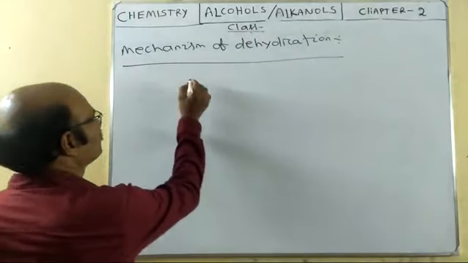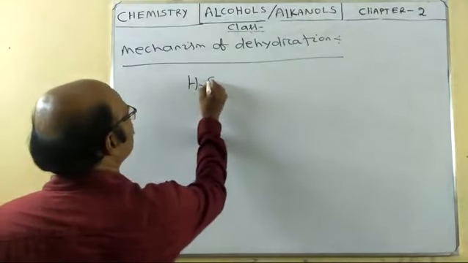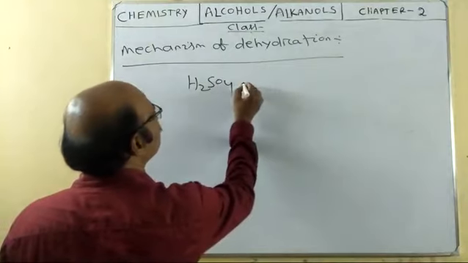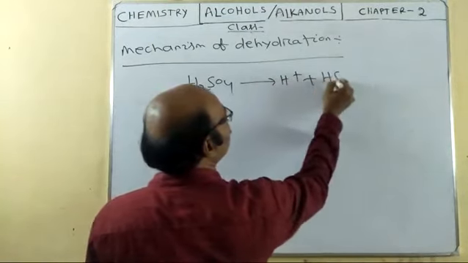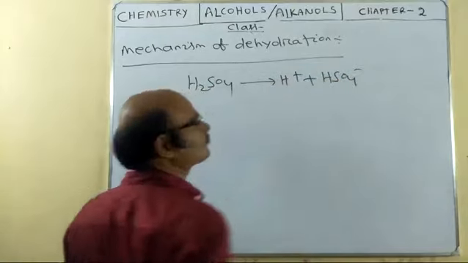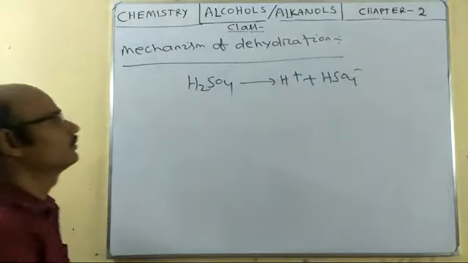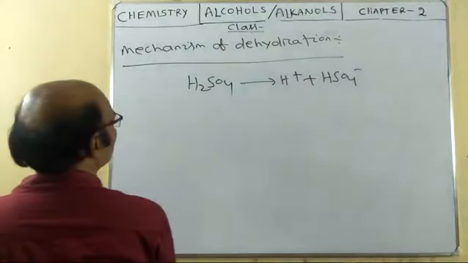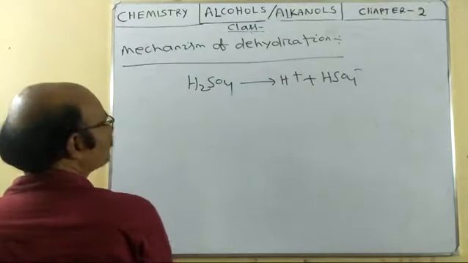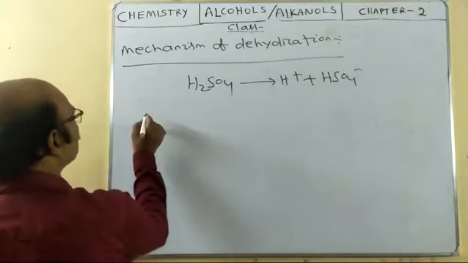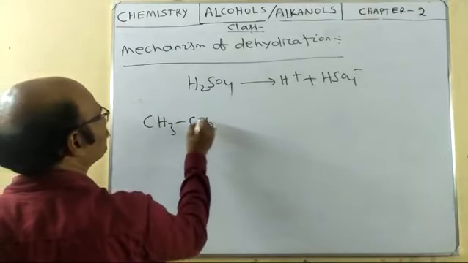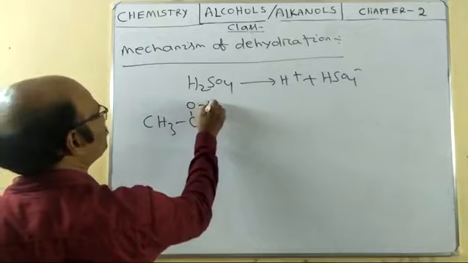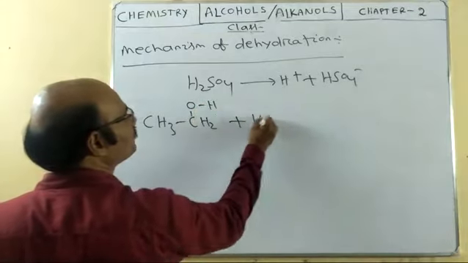See, first of all, H2SO4 gives H plus and HSO4 minus. Now the alcohol molecule CH3CH2OH will take the proton.